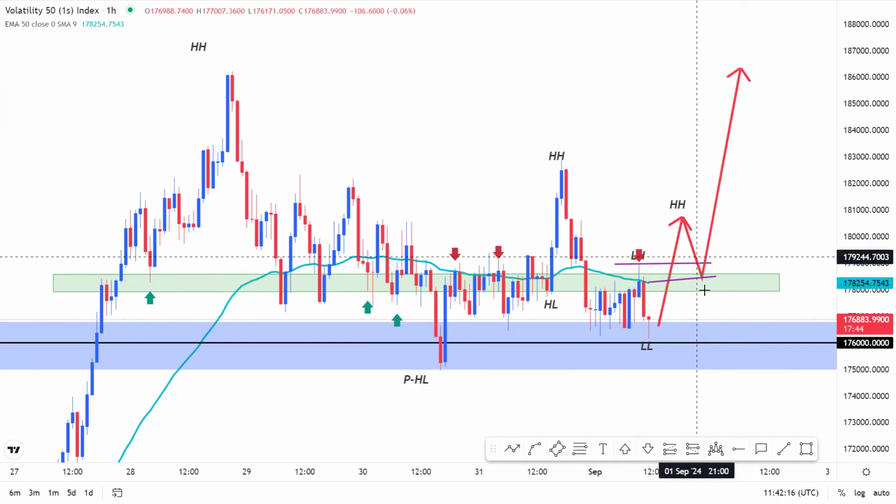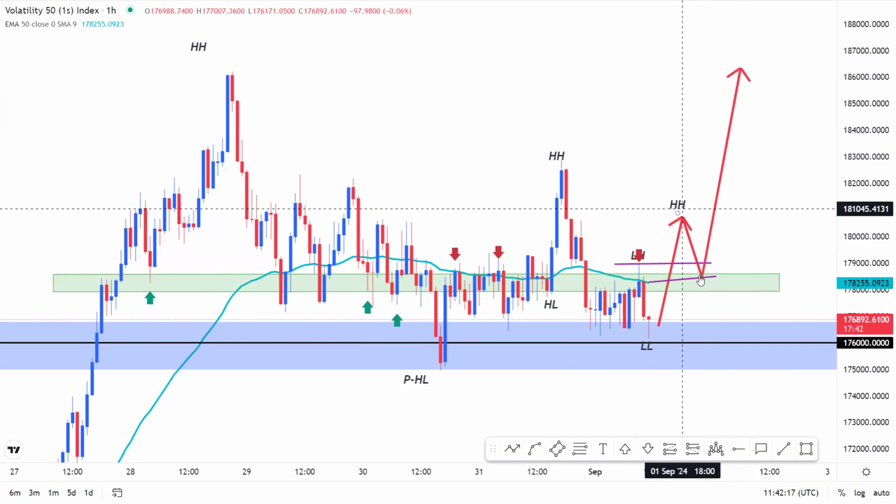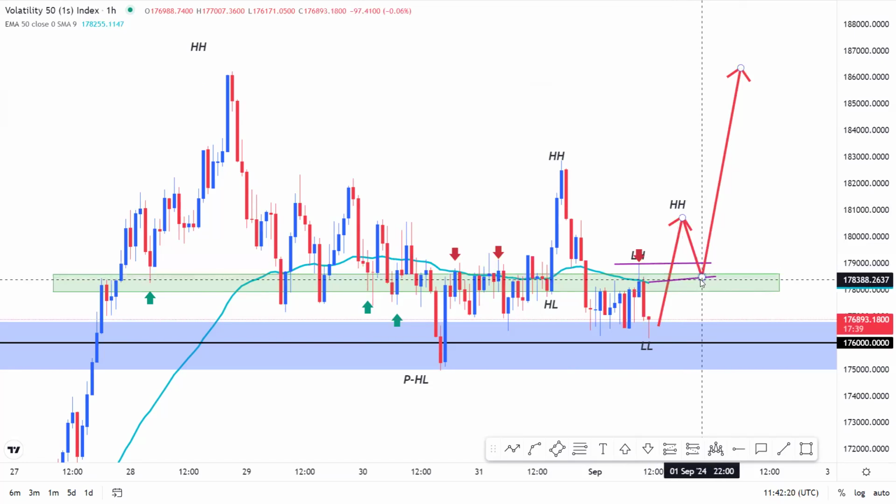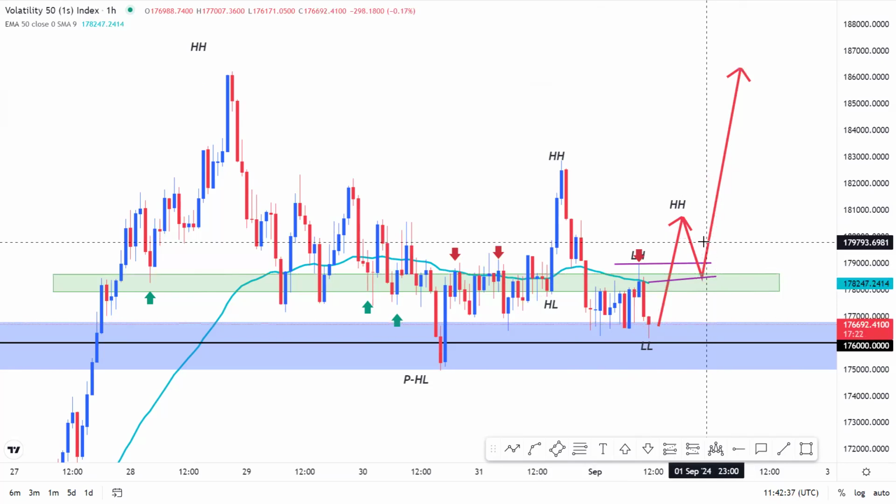So by the time price comes back to the area of interest on the hourly time frame, comes back to the potential higher low, comes back to retest the 50 exponential moving average, in this case from the upside, expected to act as a support, I would love to see a rejection candlestick, an hourly time frame rejection candlestick, an hourly time frame bullish engulfing candlestick.